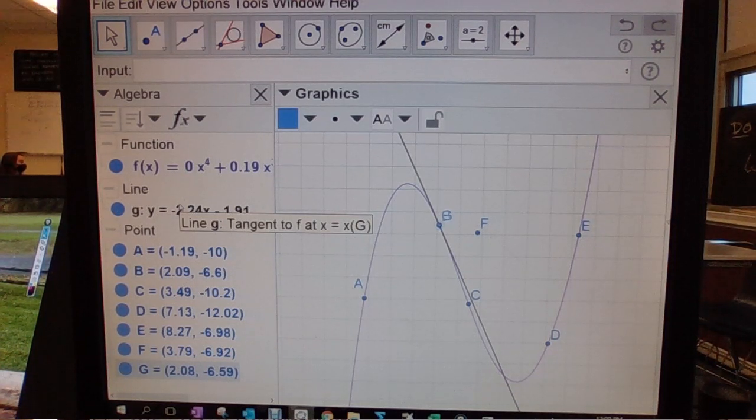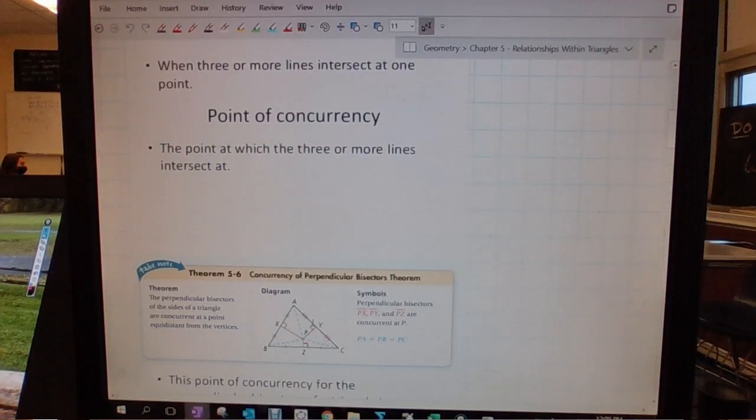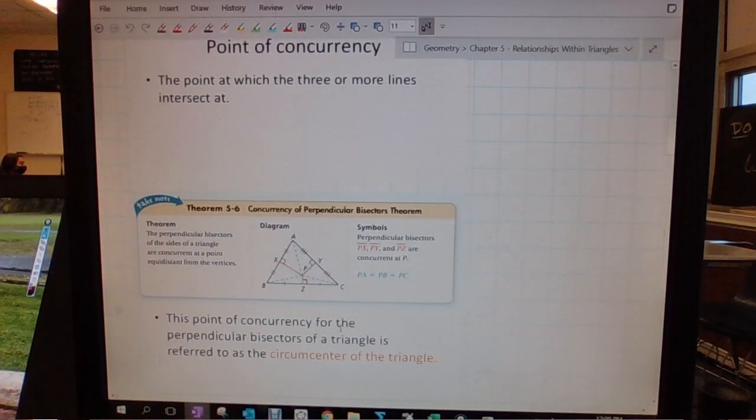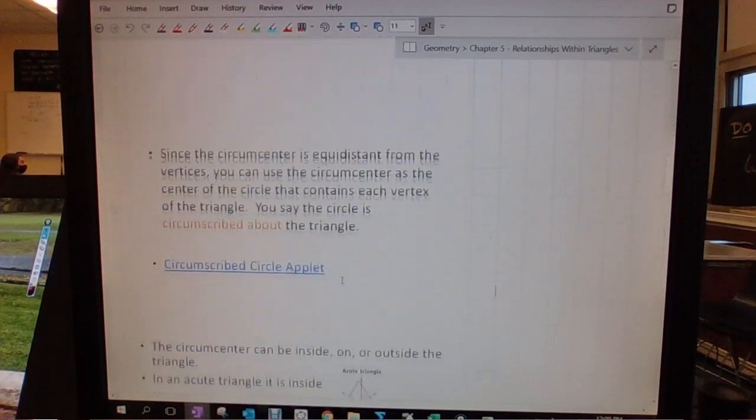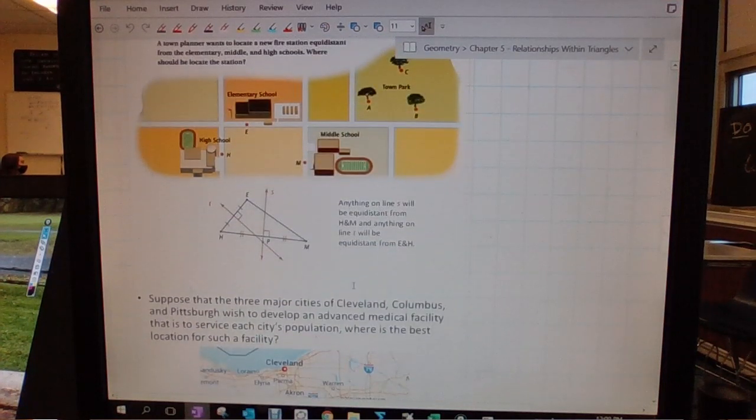Does that make sense? Okay, so that's what we call a tangent line. And again, we'll talk more about tangents in, I think it's chapter maybe 12.